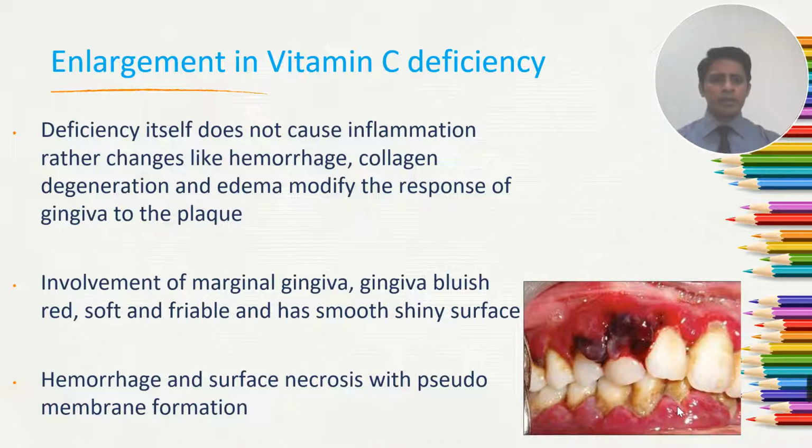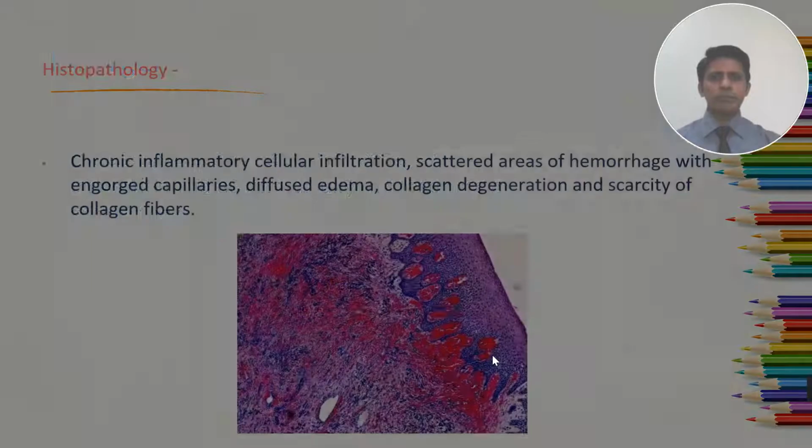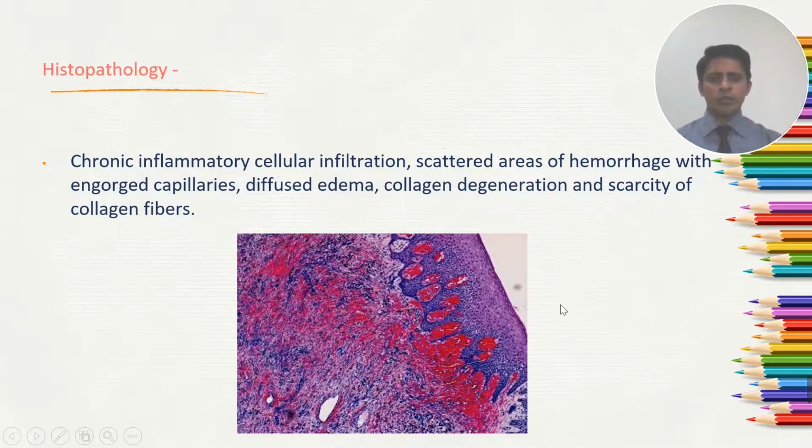Here you can see whitish pseudomembrane formation, and you can see the bluish colored gingiva with smooth and shiny surface. The histopathology shows chronic inflammatory cellular infiltration, scattered areas of hemorrhage with engorged capillaries, diffuse edema, cellular collagen degeneration, and scarcity of collagen fibers.